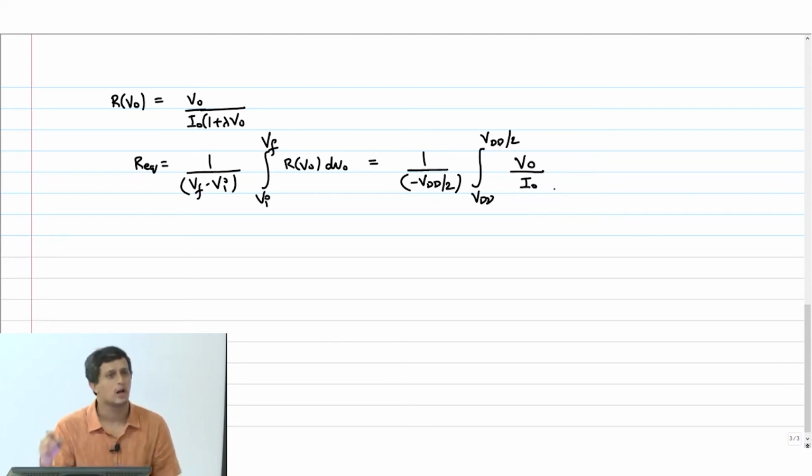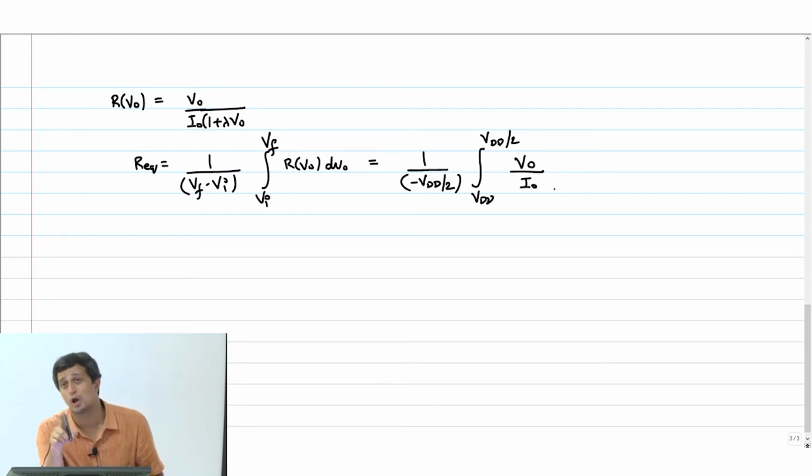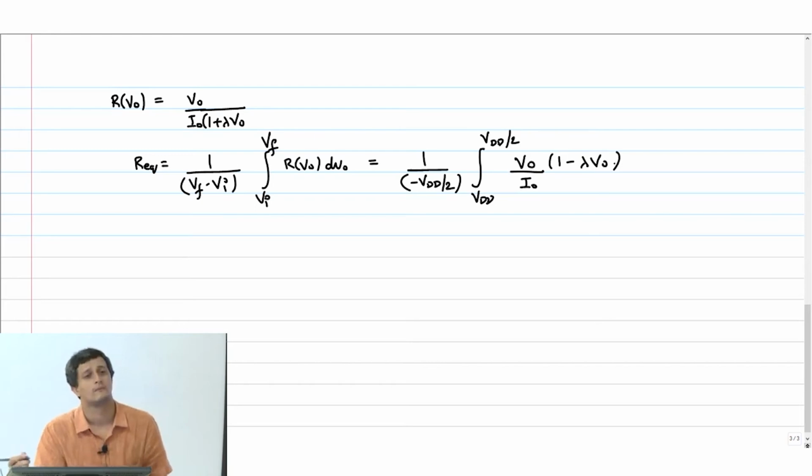right? That 1 by 1 plus lambda V naught I am going to write as a Taylor series because lambda is very small. Okay. I can expand this approximately as 1 minus lambda V naught, dV naught.